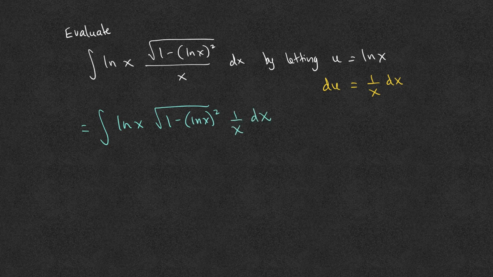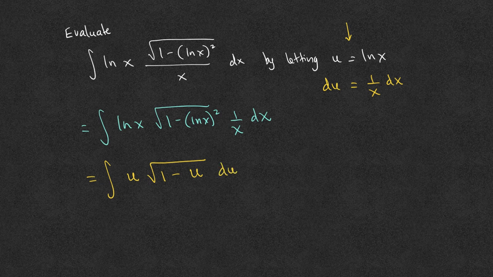We will substitute 1 over x dx with du and ln x with u. So we rewrite this as u, the square root of 1 minus u squared, du.